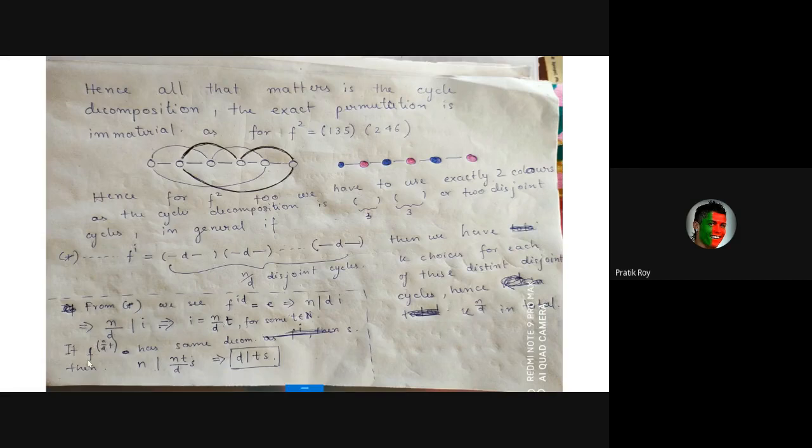Suppose f^(n/d·t) has the same decomposition as I have stated here, that is cycles of length d each, and there are n by d cycles. Then if it has period s, it must have n divides (n t by d) times s, that is d divides ts.